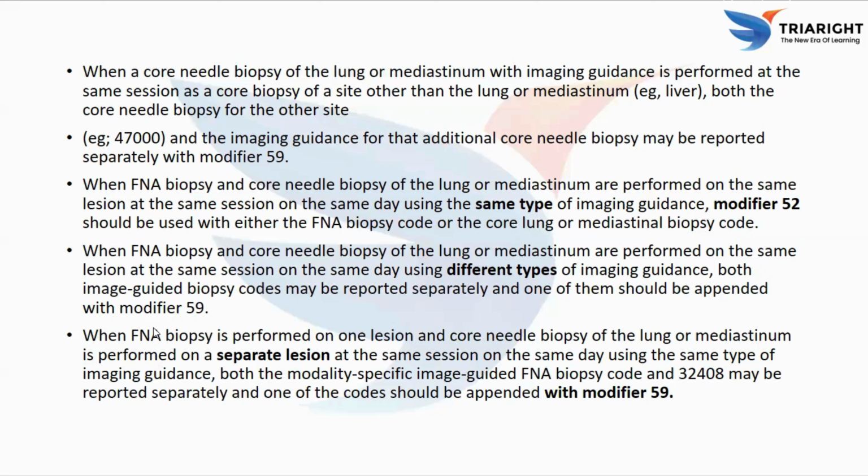Scenario 4 is FNA of one lesion plus core biopsy of a different lesion within the same session and same imaging type. You report both and append modifier 59 to one of the codes. Why? Because these are separate lesions, and even though the imaging type is the same, the procedures are performed in different locations. Different lesion, distinct service, so append modifier 59.